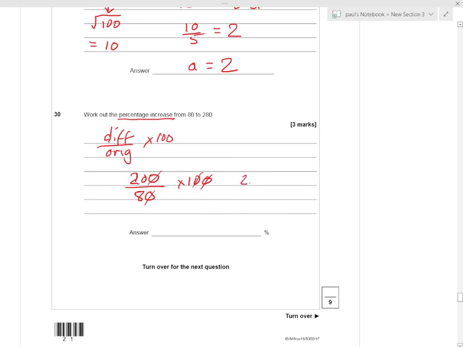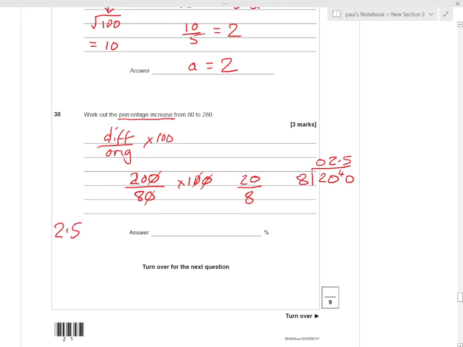So we've got 20 divided by 8. 8 into 20 goes 2 with 4 left over, and 5 eighths is 2.5.